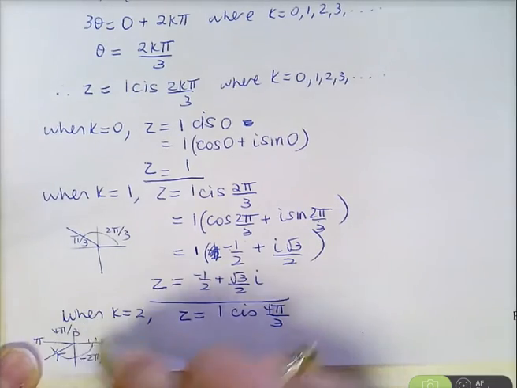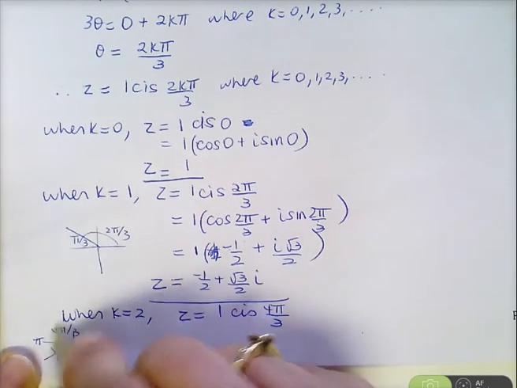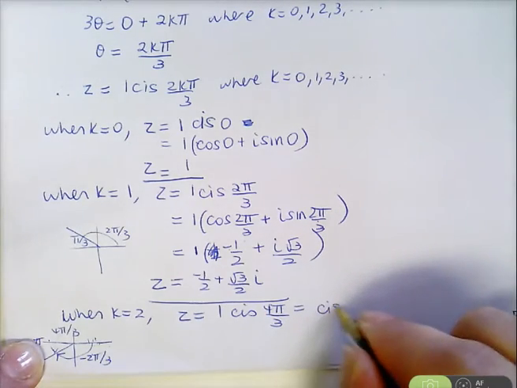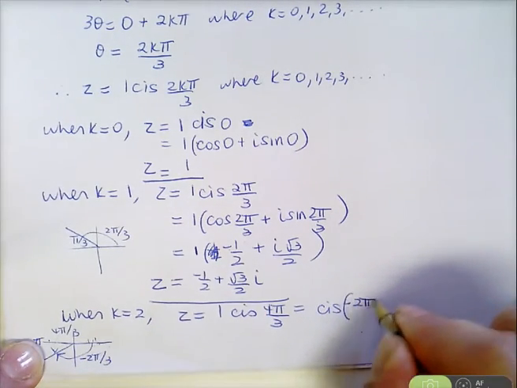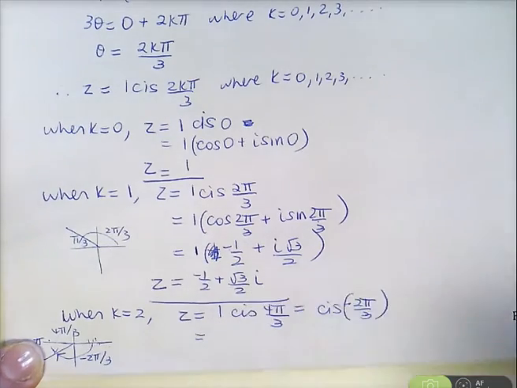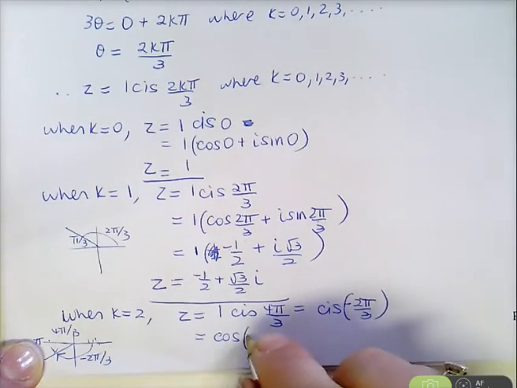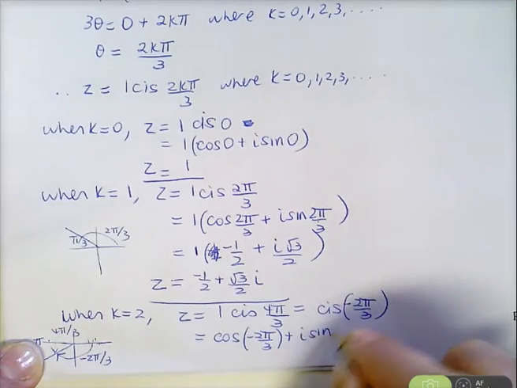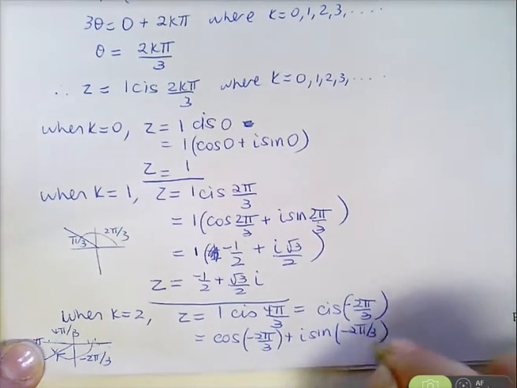That's the same as cis minus 2 pi on 3, which is cos minus 2 pi on 3 plus i sine minus 2 pi on 3.